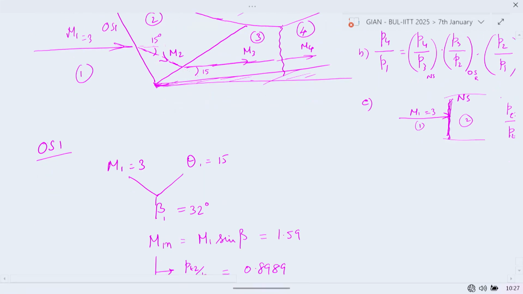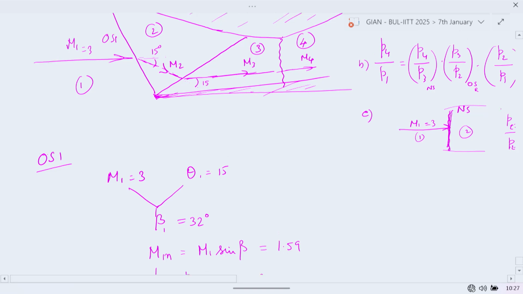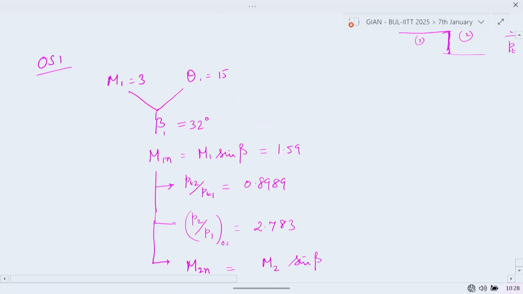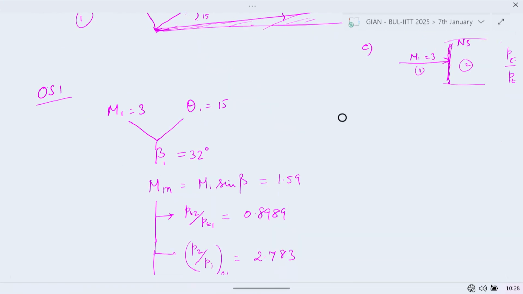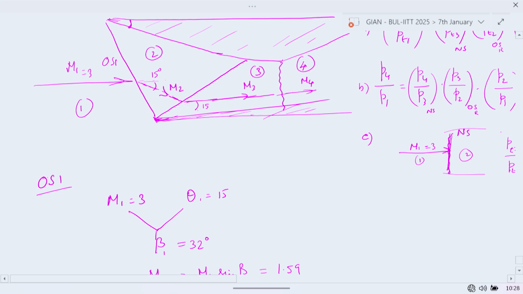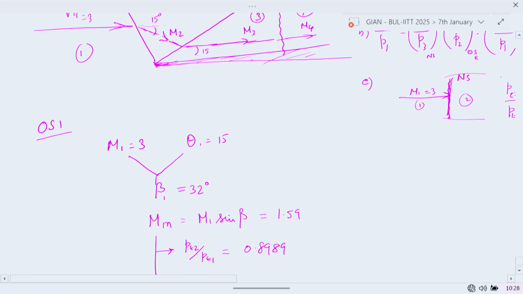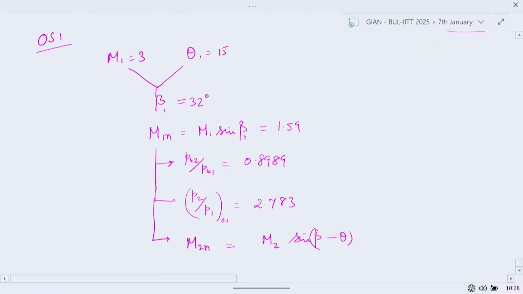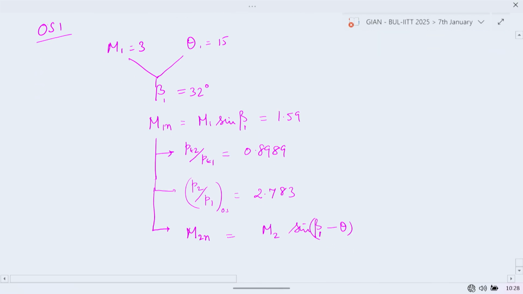So now we have to find out what is M2n. We need M2n to find out M2 sine (beta minus theta).